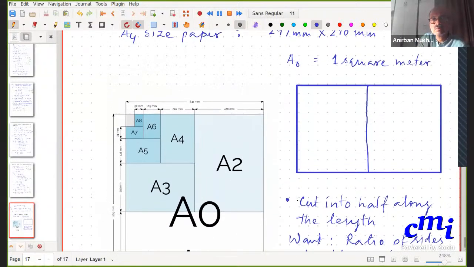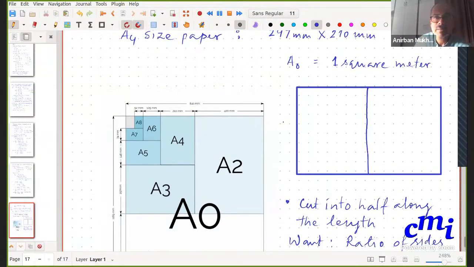Let's try to write it down mathematically. Suppose the larger rectangle has sides 1 and x.